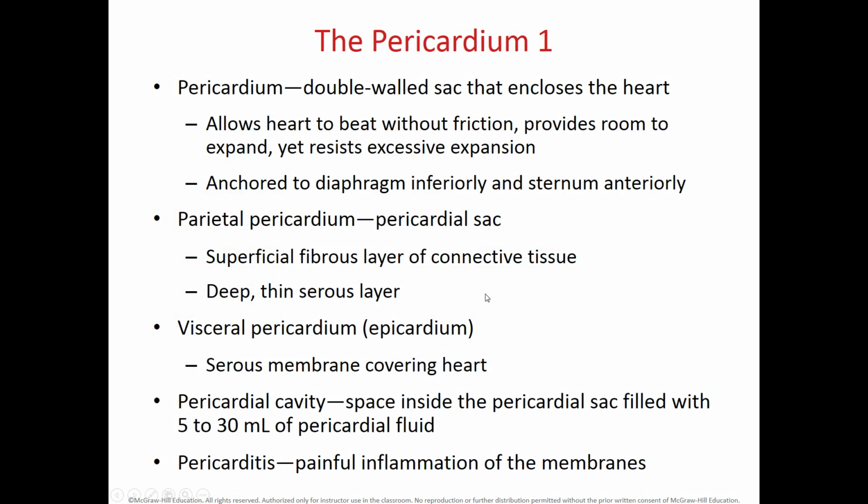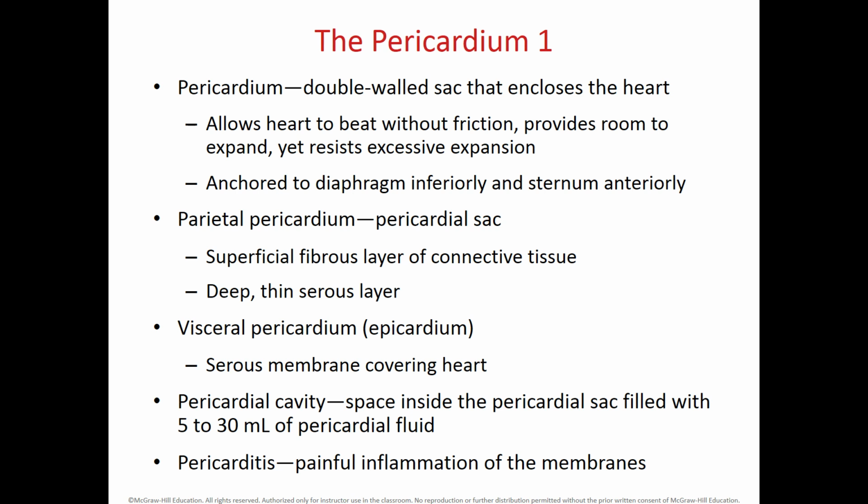The pericardial cavity is made by the pericardium, which is a double-walled sac that encloses the heart. In between these two walls of the pericardium, we have this pericardial space that is filled with pericardial fluid. This pericardial fluid helps the heart to beat without any friction.